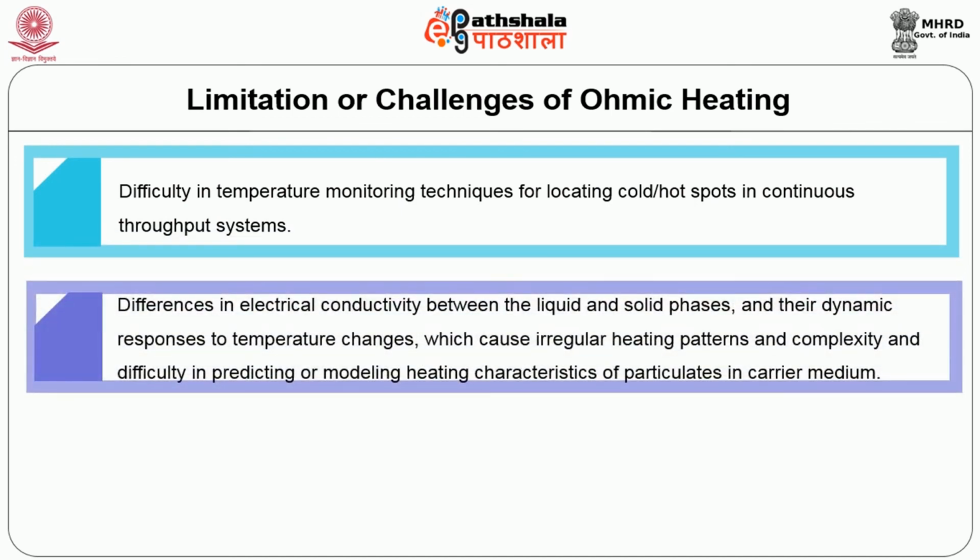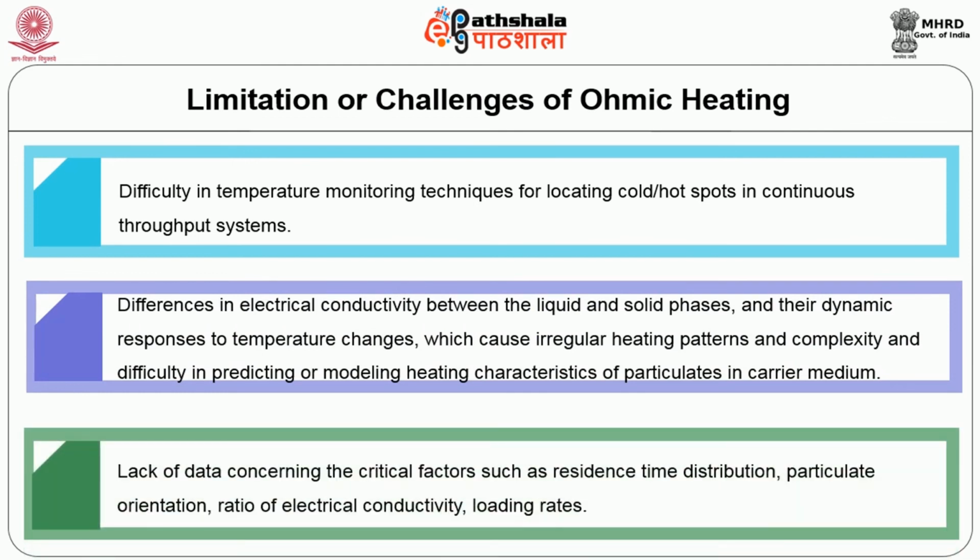Differences in electrical conductivity between the liquid and solid phases and their dynamic response to temperature changes, which cause an irregular heating pattern, and complexity and difficulty in predicting or modeling heating characteristics of the particulates in the carrier medium. Lack of data concerning critical factors such as residence time distribution, particulate orientation, ratio of electrical conductivity and loading rates.